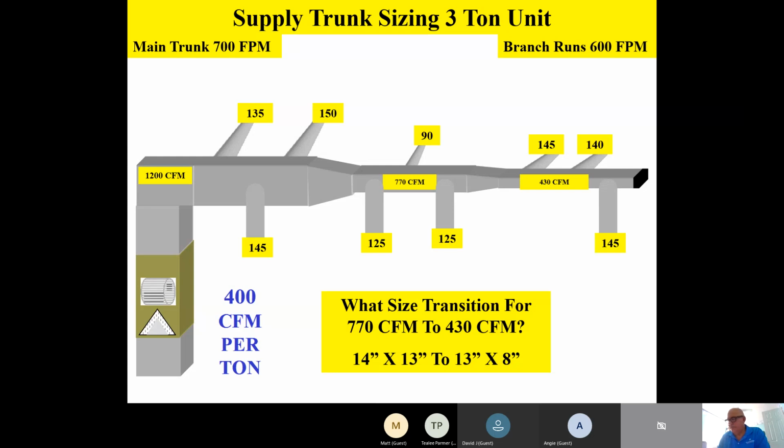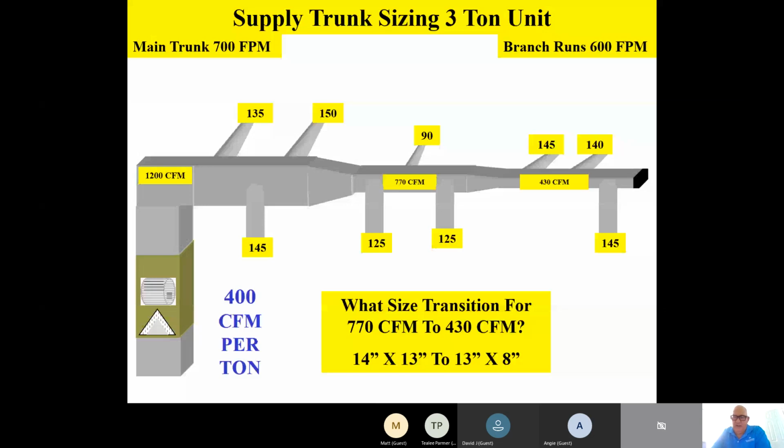So 140 CFM at 600 feet a minute velocity. If you line up your duct calculator, it looks like, again, about a 7-inch duct. It's actually 6.5, but we'll round up to 7-inch.